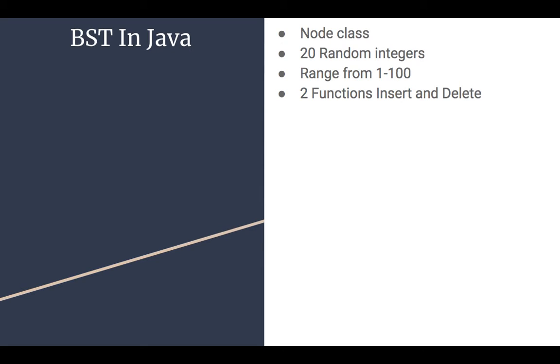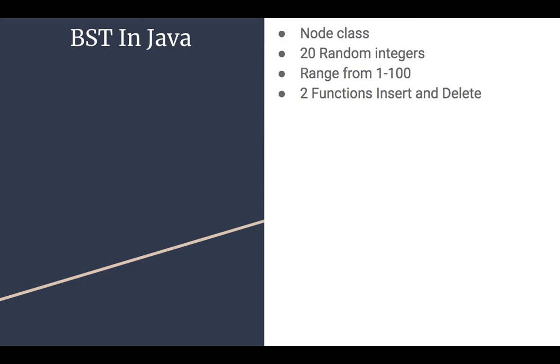Once those functions were declared, I created the insertion and deletion functions to insert any number that is not already in the binary search tree into the array, and to delete any number that is already inside of the binary search tree from the array.